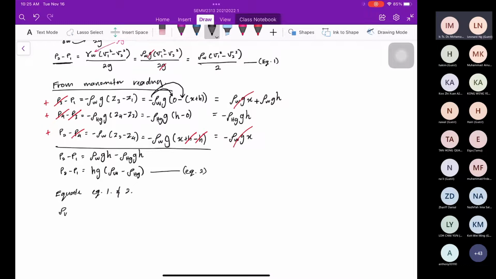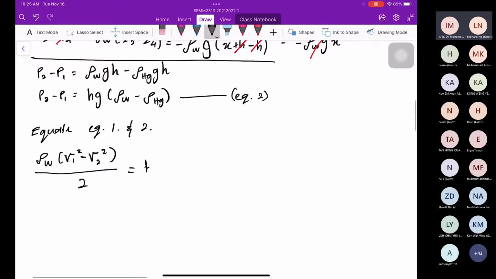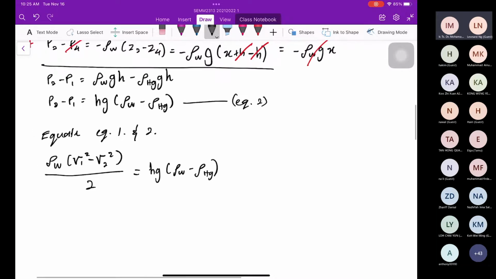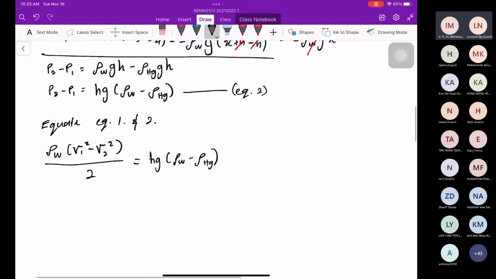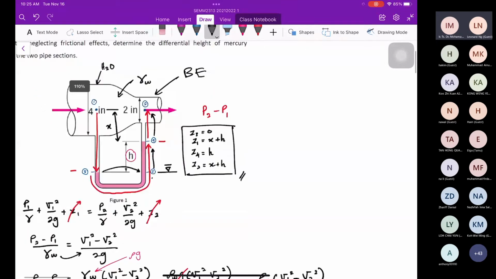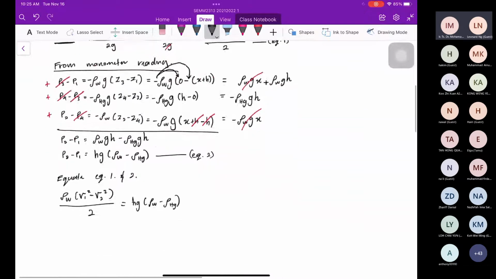Density of water, V1 squared minus V2 squared over 2 equal to this one, H g, rho of water minus rho of mercury. So from here, I need to calculate the velocity.